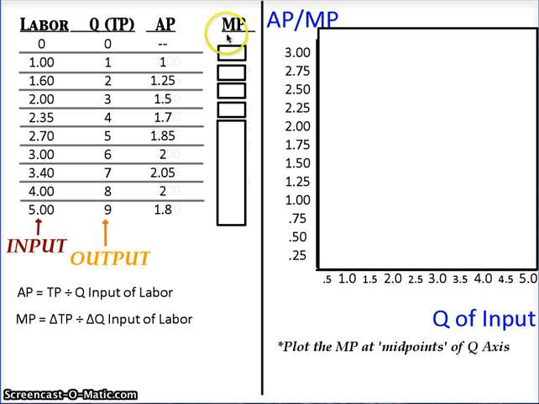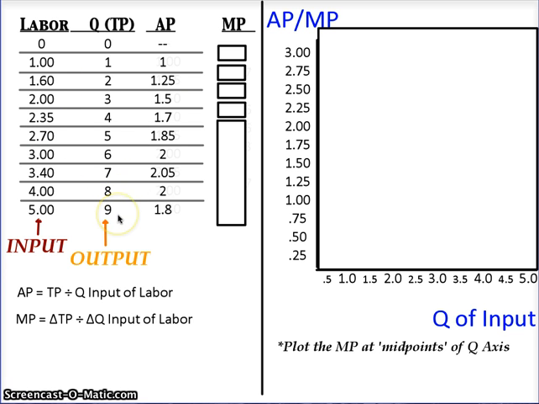Now we want to calculate marginal product. Marginal product is a change in total product divided by a change in quantity. If you take a look here, the changes in total product are by units of 1. I did this for a reason. In a later unit, we're going to look at relationships between costs and productivity, and we're going to want to line up this information.